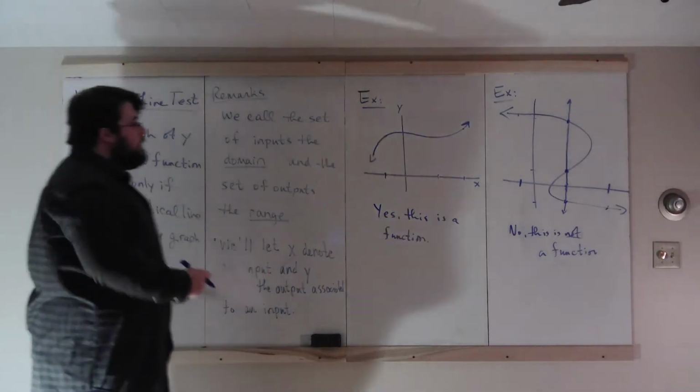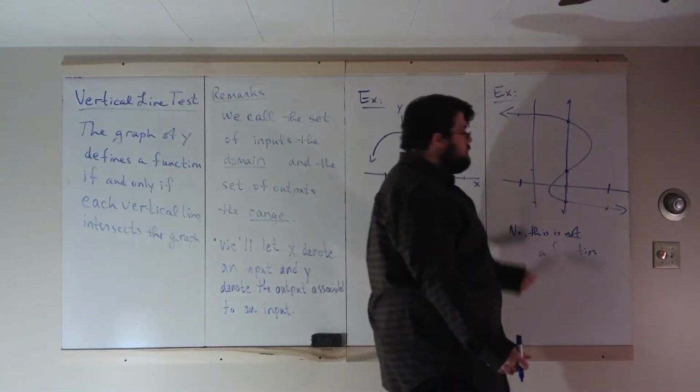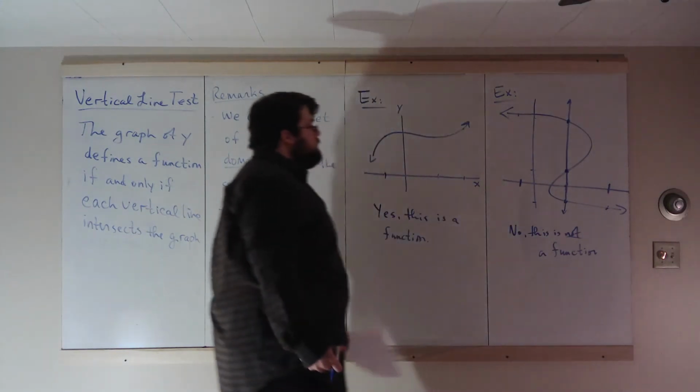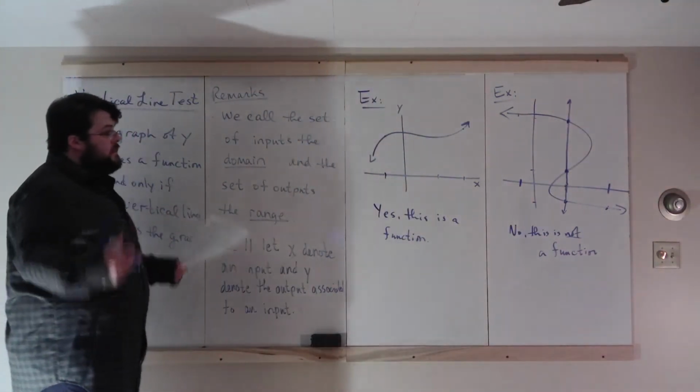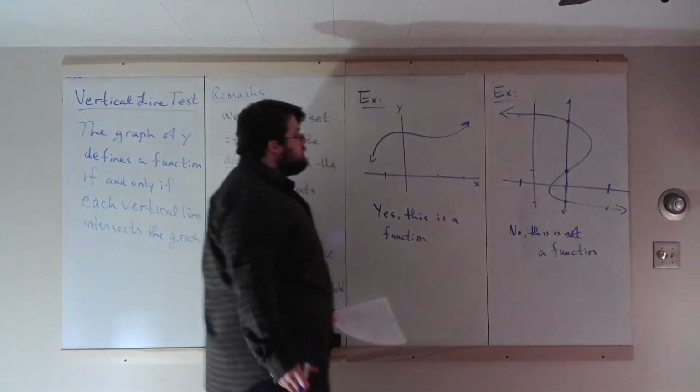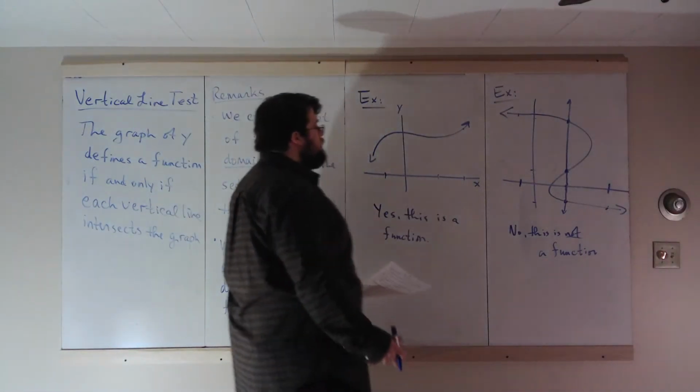Well, if it intersects the graph more than once, it's not a function. So if any vertical line intersects it exactly once, that is a function.